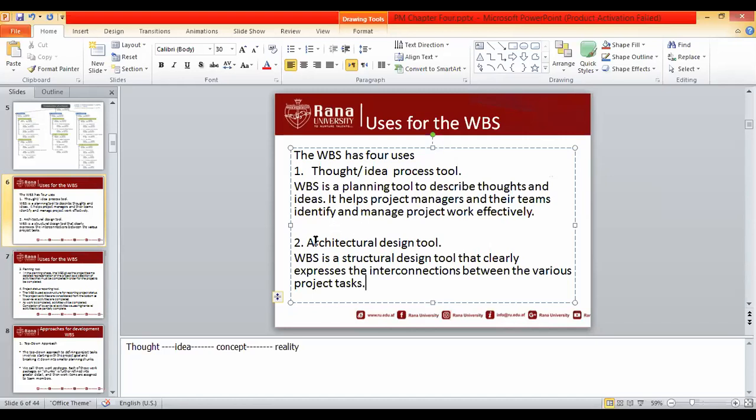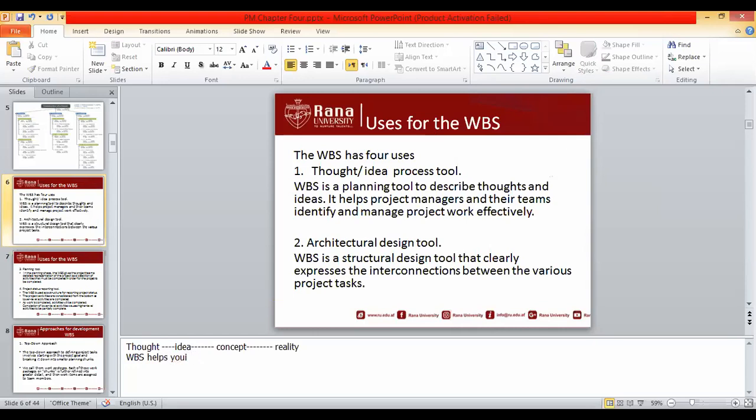Respected students, the second usage, just remember in this one, work breakdown structure helps you convert your thought or idea into reality. This is in a nutshell.